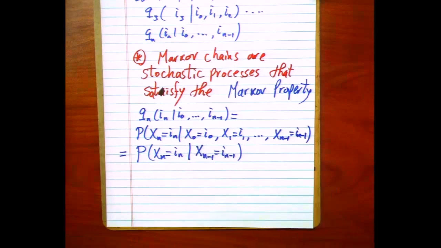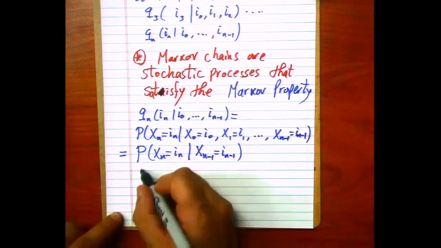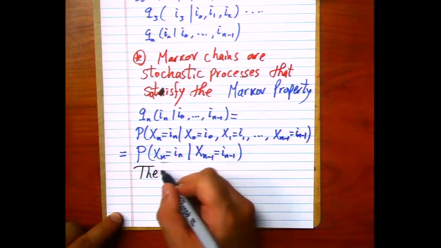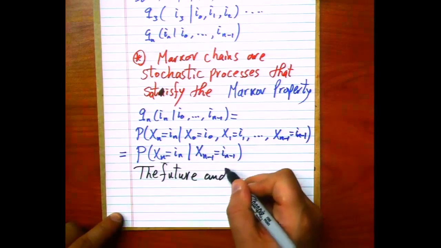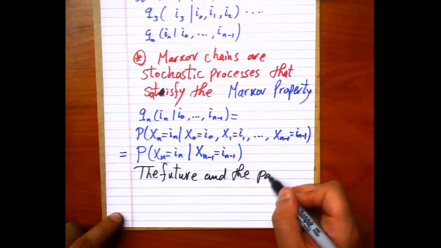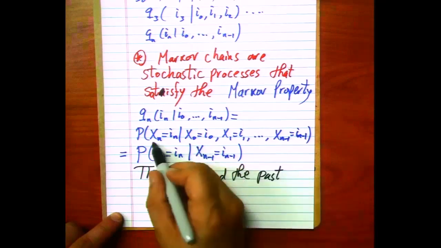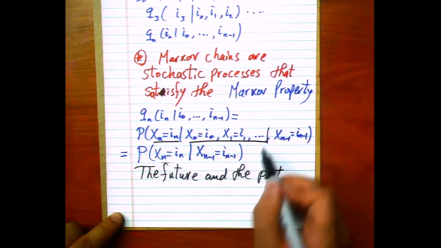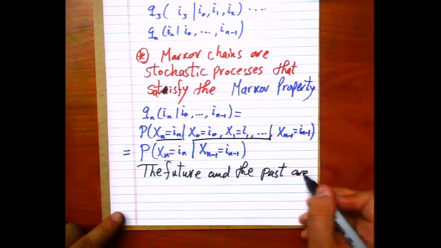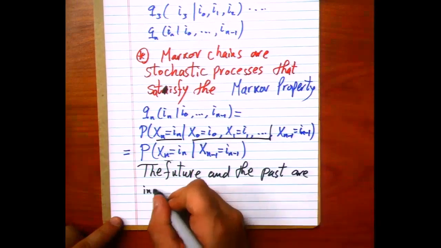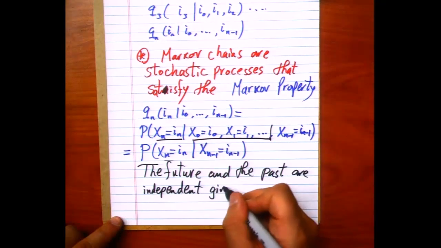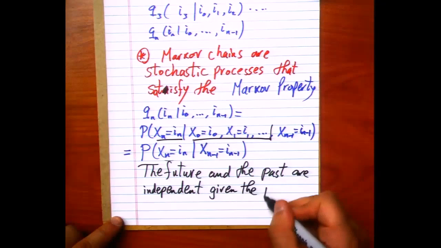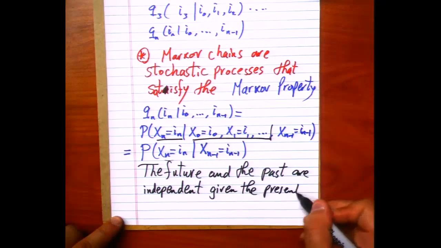So I can rewrite it this way: the future, which is this one, and the past, so this is the future, this is the past till this point, are independent given the present, which is this one.